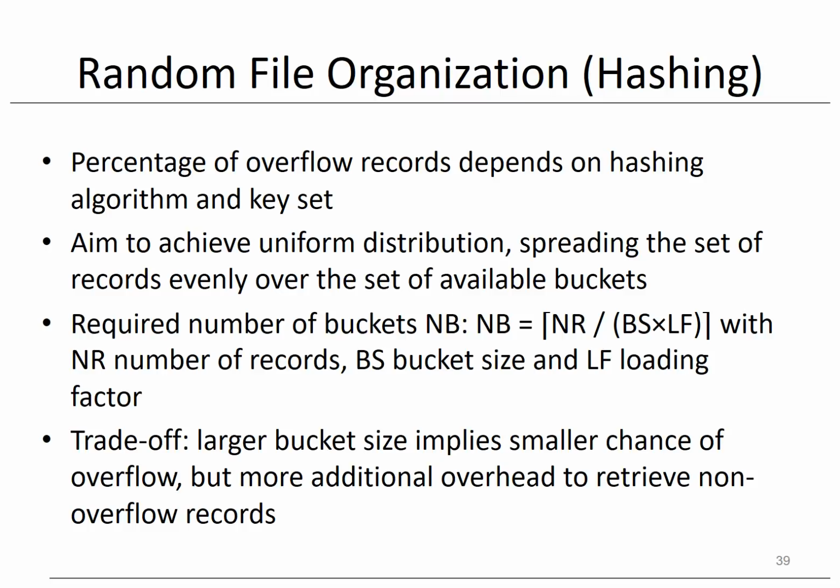The statistical properties of a random distribution can be used by the file designer to estimate the expected percentage of overflow records. Moreover, theoretically, a perfectly uniform distribution would require only as many record slots as there are records to be stored.